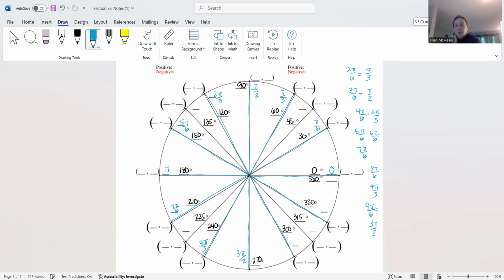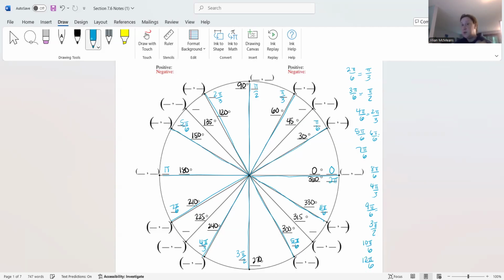Right? Couple more and then we're done. So at 300 degrees, we're at 10 pi over 6, and that one reduces to 5 pi over 3. And then 330 degrees is 11 pi over 6. That one does not reduce. And then finally, we get 12 pi over 6, which reduces to just 2 pi.